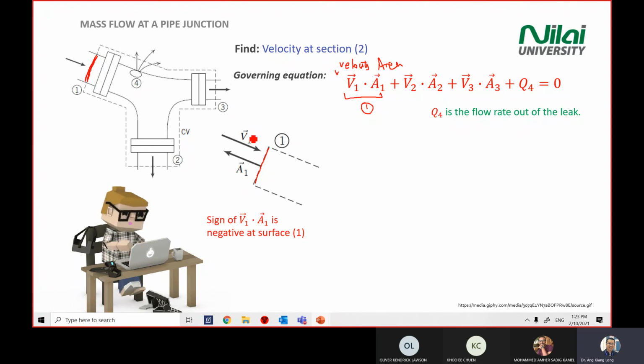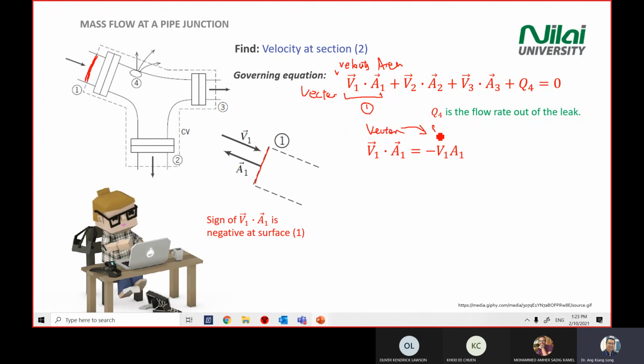Now the next step: the product of these two arrows, which don't have the same direction, will give you a negative sign when you transfer the vector form into scalar form. This is the vector dimension. Later you will see scalar. You convert into scalar dimension, meaning without the arrow above, where you only consider the magnitude with a negative.